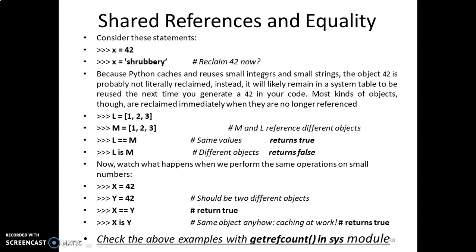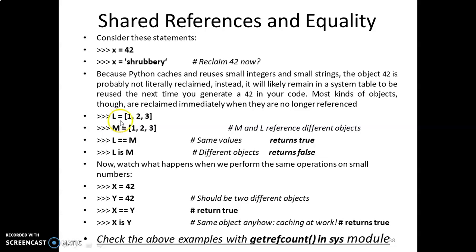It does not reclaim it. The garbage collection process does not reclaim integers. Okay, so the object 42 that was here is probably not literally reclaimed. Instead, it is likely to remain in the system table to be reused the next time you generate a 42 in your code. Okay, so we'll explore this concept soon in the Python interpreter.